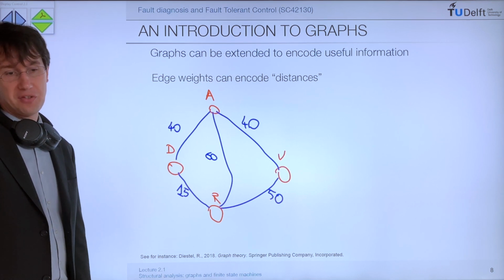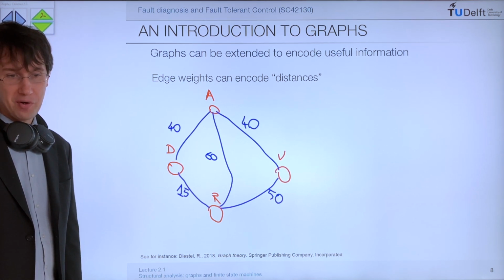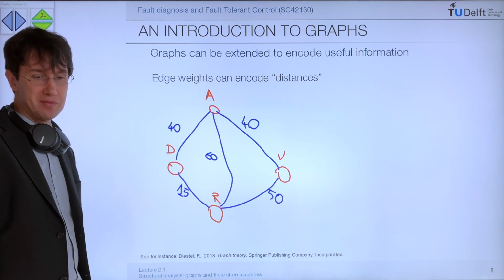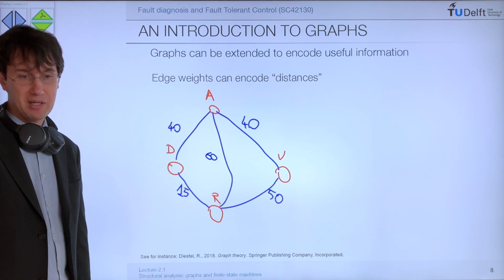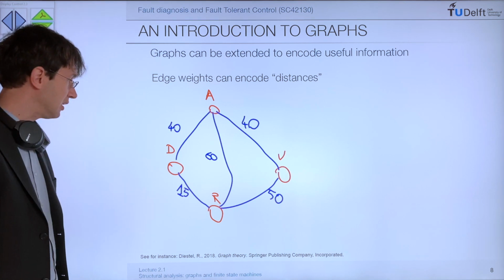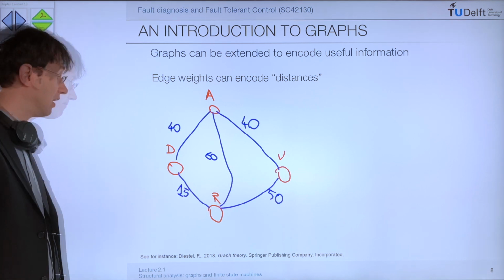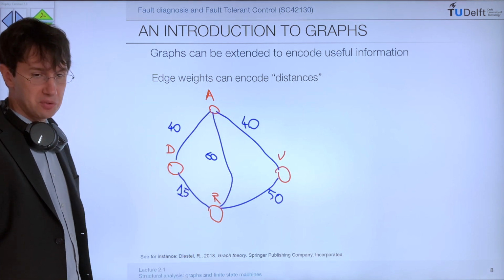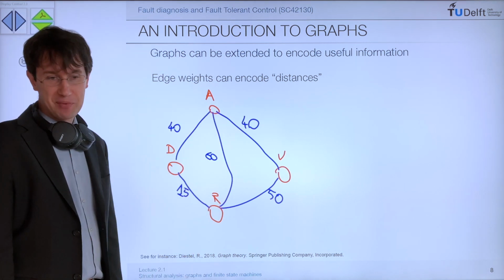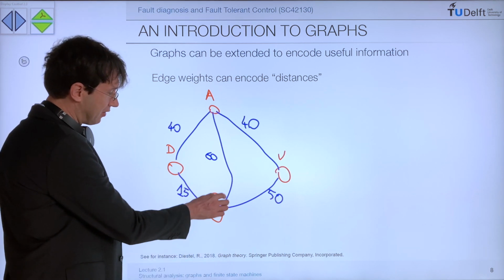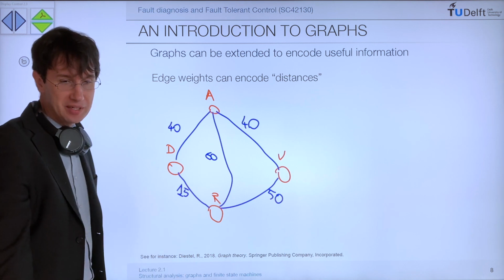And then on this graph, you can solve one problem that is quite familiar. That is the problem of finding the shortest path between two cities. So if I want to go to Amsterdam, starting from Rotterdam, what is going to be the shortest route? In this example, which is not realistic, it turns out that if I take the direct road, I need 60 kilometers.